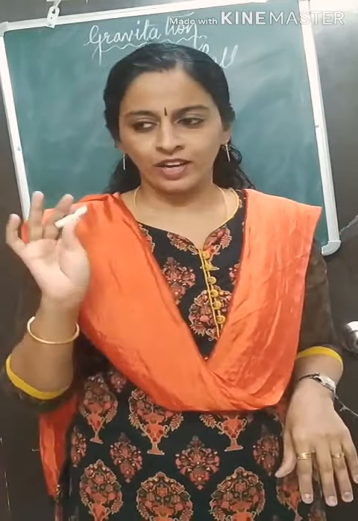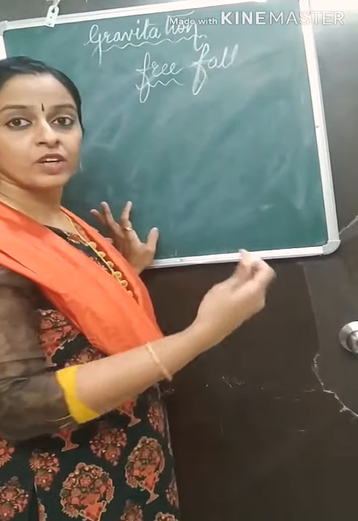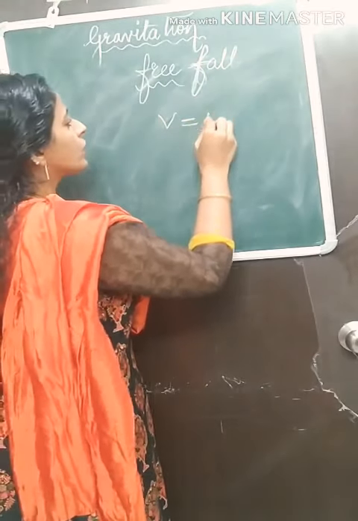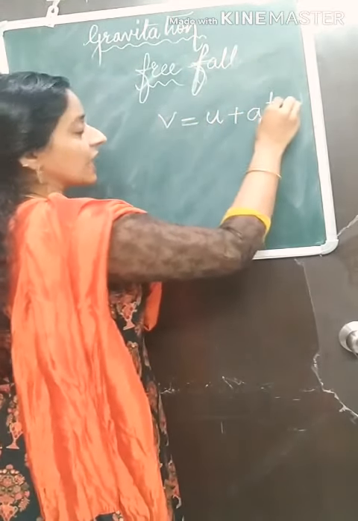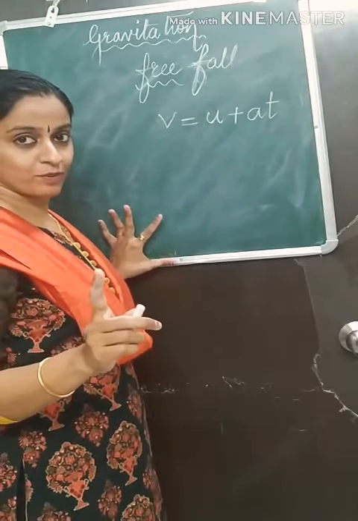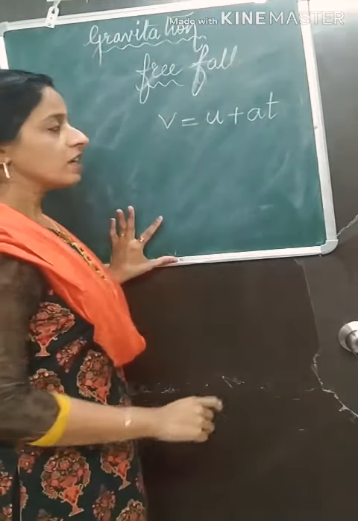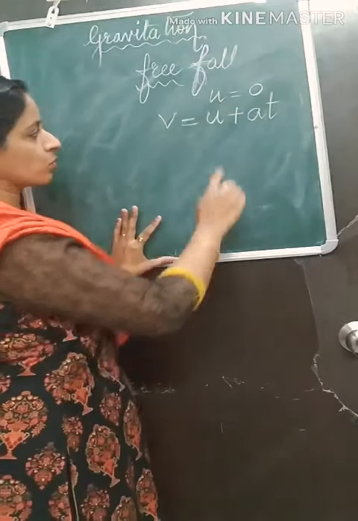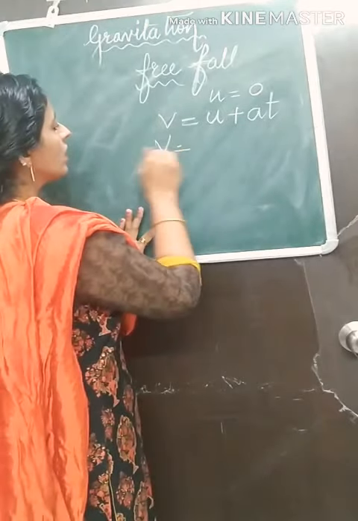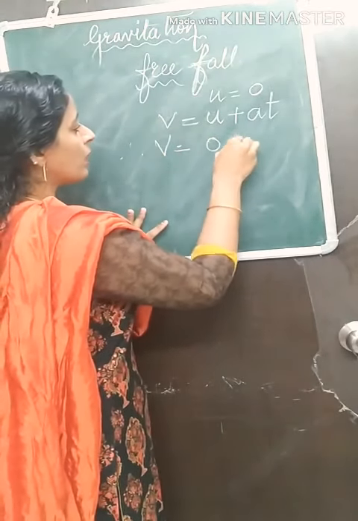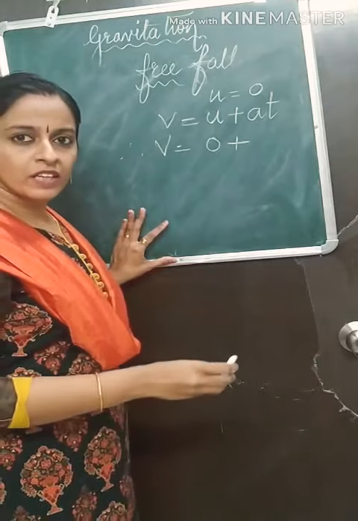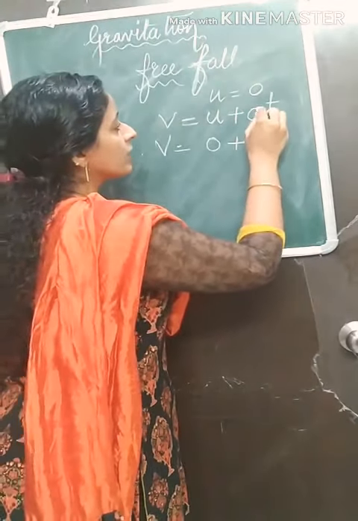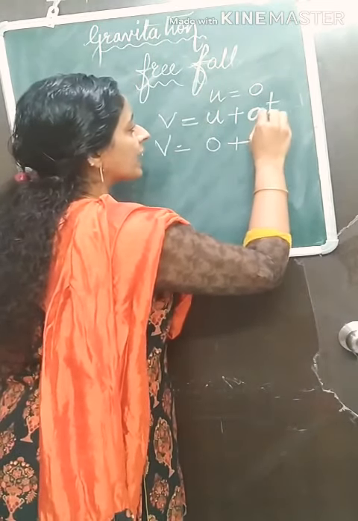Okay, fine. Now, let us derive the equations for free fall. We all know the first equation of motion, v equals u plus at. Equation of motion, not law of motion. We said for free fall, u is always 0, so put 0 here. Therefore v equals 0 plus, when an object moves under the influence of gravitational force alone, what is that acceleration?